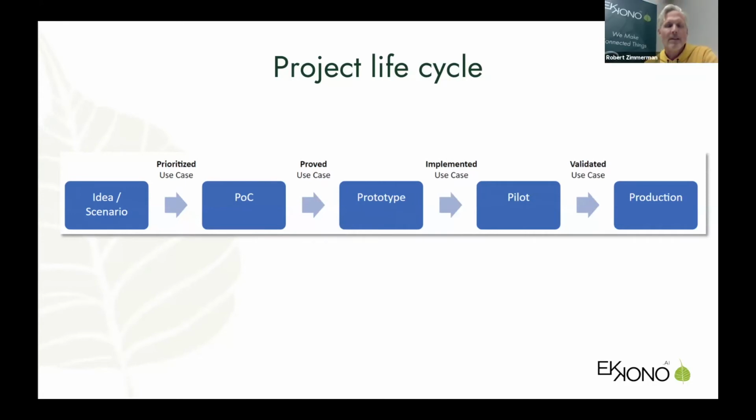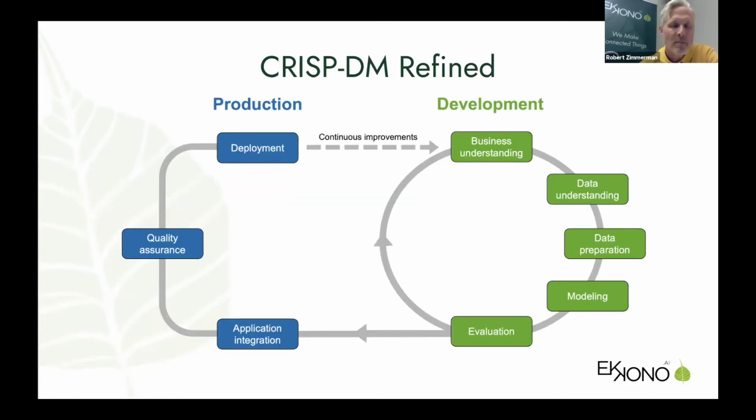Yeah, and another recommendation is to use an approved process model for your projects. And we have selected CRISP-DM to work with. It stands for Cross-Industry Standard Process for Data Mining. It has been around for a while, and it's mostly focused on development with cloud solutions.